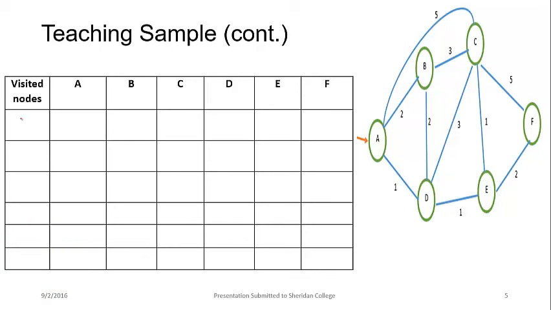A is my first node. And from A to A, it costs me nothing to move. So actually, I can put 0 weight or 0 distance at A. It means that I'm moving from A to A with no cost at all.